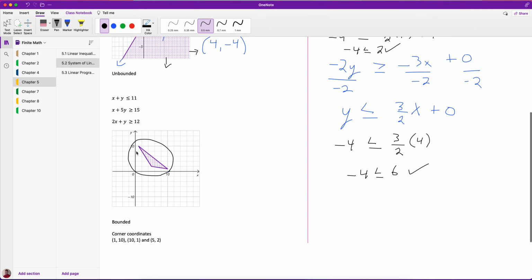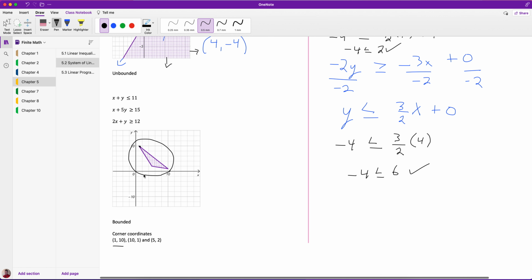And so the corners are just these points. We have this point, which is 1, 10, right here. Then I have this other point down here, which is 10, 1. And then lastly, this point, which is the point 5, 2. So if something is bounded, I can create its corners. And the corners is what's going to take us into 5.3.